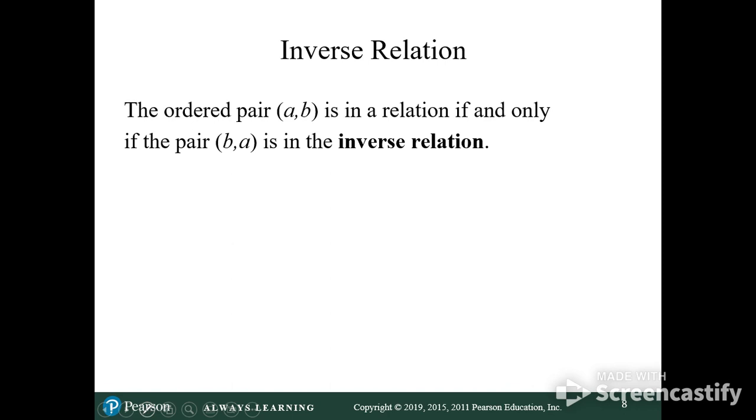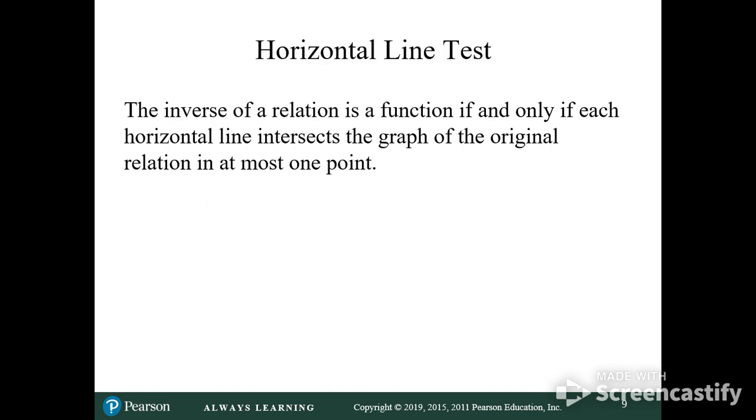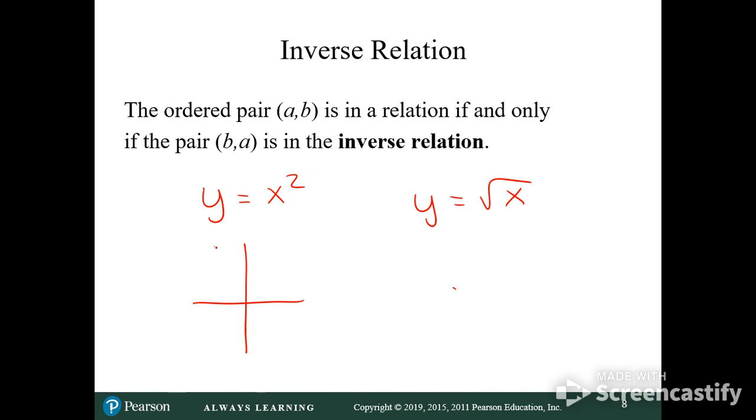Okay, inverse relations. y equals x squared and y equals the square root of x are inverse relations. y equals x squared is a relation that looks like this. y equals the square root of x is a relation that looks like this.